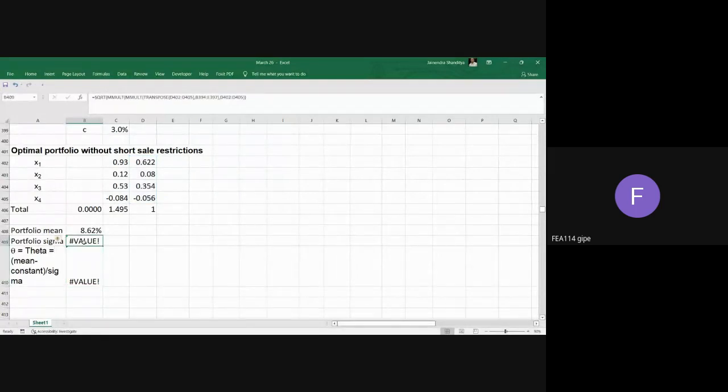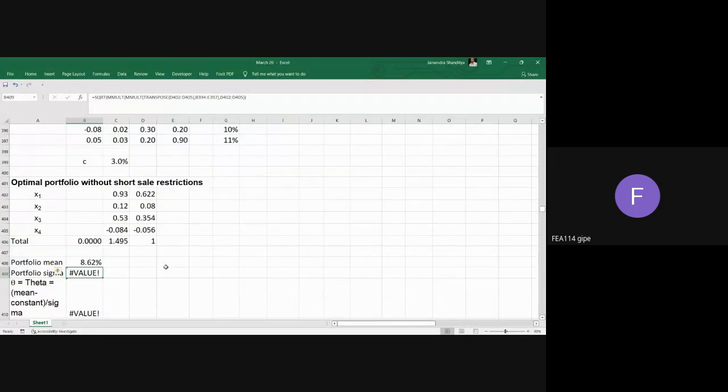What happened? Sir, you had to use SQRT, yes, but you also have to ensure that the inside part has curly brackets, I think. Okay.